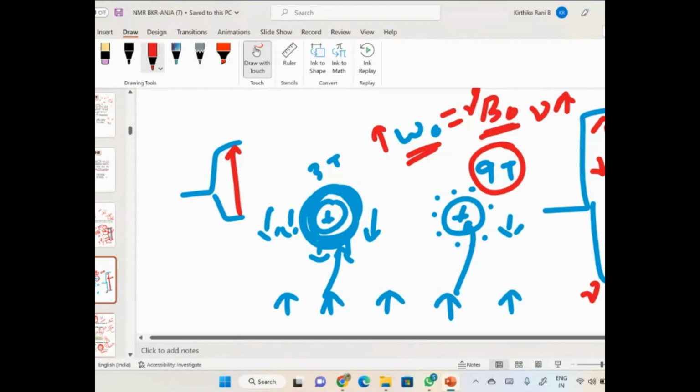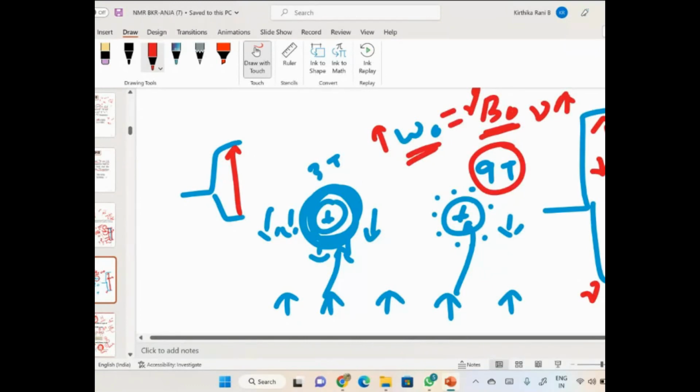Does everyone understand? Just keep this in mind, okay? So I'll require a different frequency depending upon the electrons surrounding me.